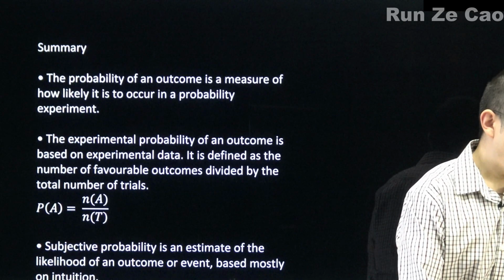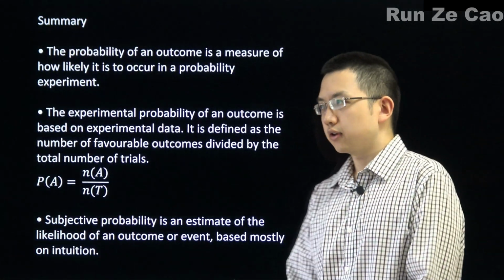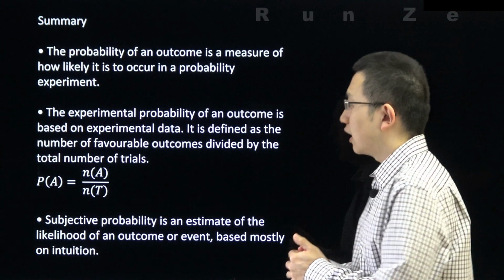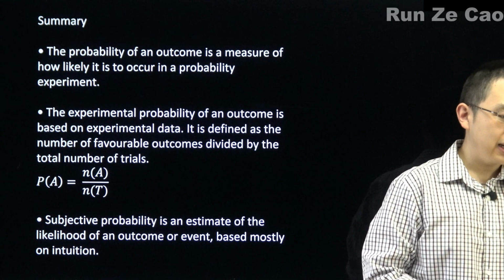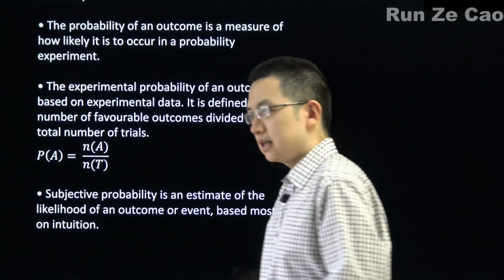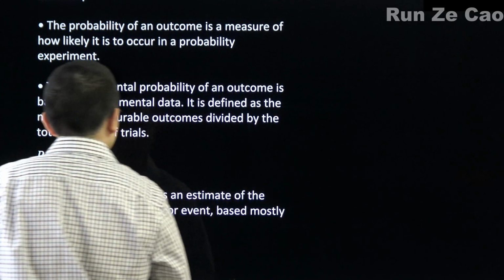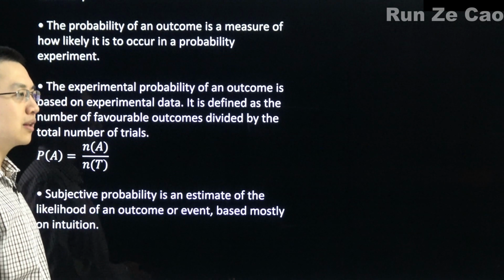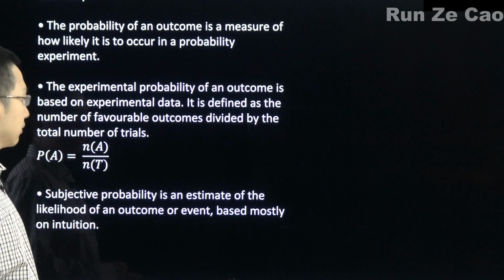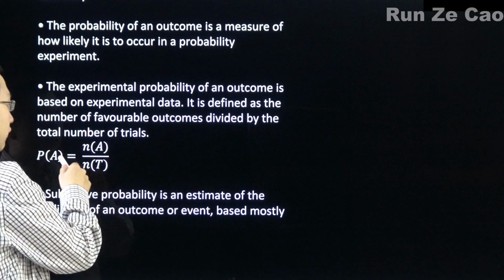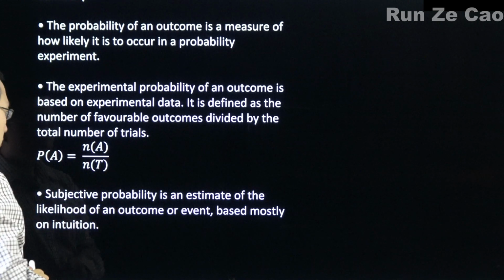Now that we're done with that public service announcement, in summary, the probability of an outcome is a measure of how likely it is to occur in a probability experiment. The experimental probability is based on experimental data. So we do things a whole bunch of times and we consider how many times a particular outcome showed up, dividing by the total.